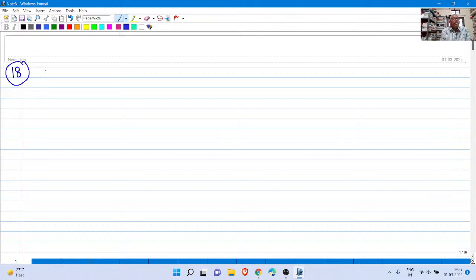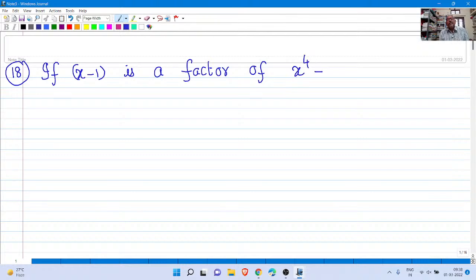18th question. If x minus 1 is a factor of x to the power of 4 minus 3x cubed plus ax square plus 4x minus k.